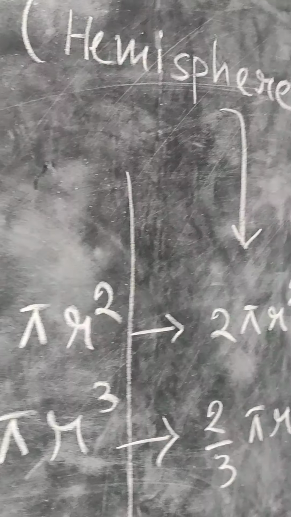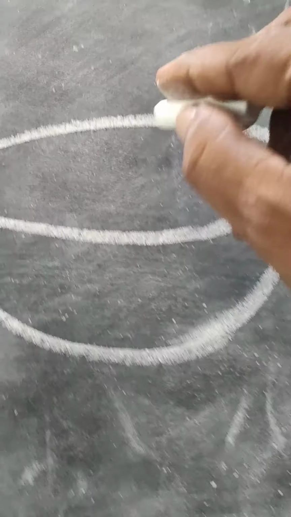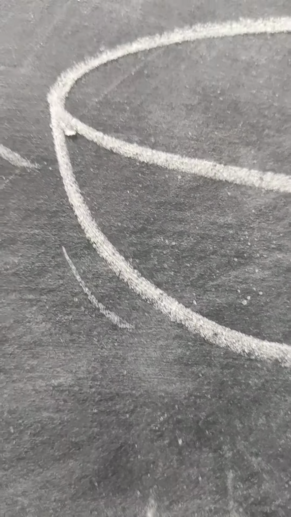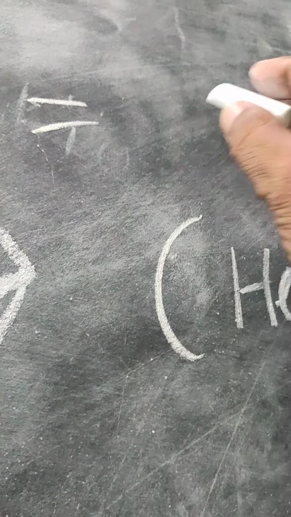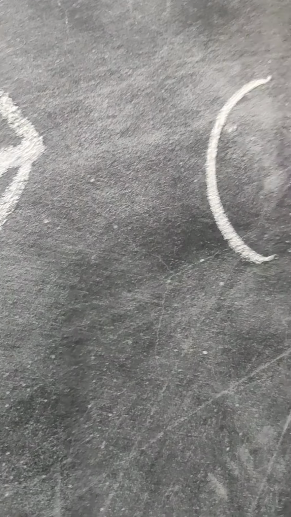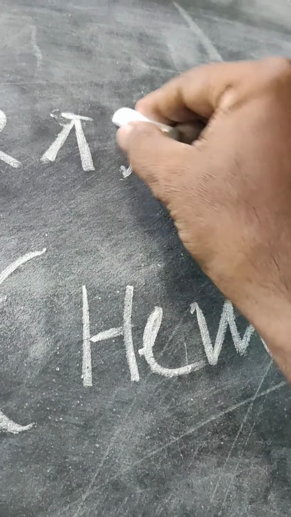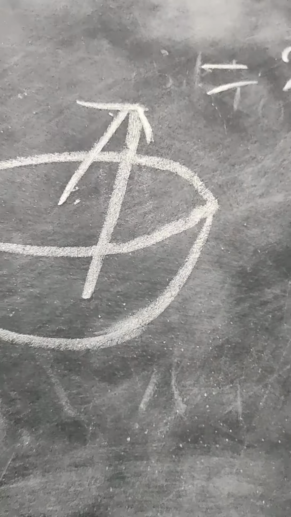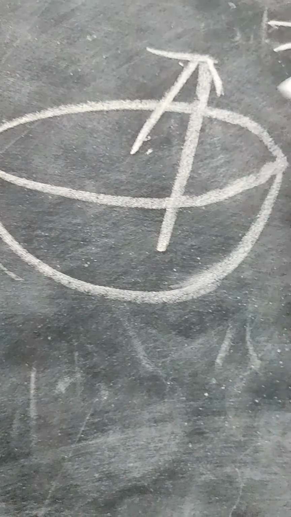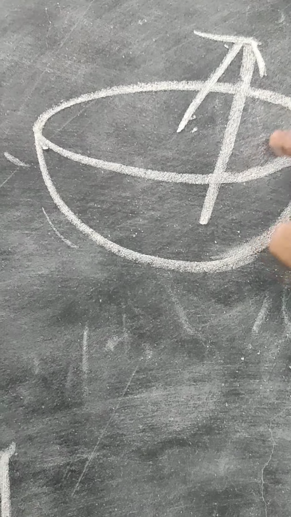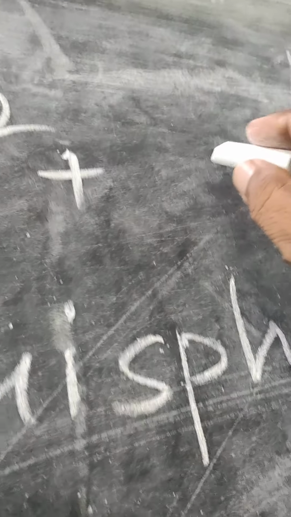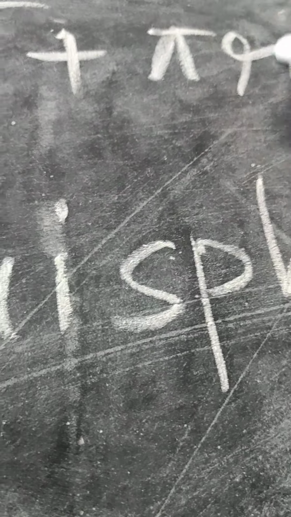And if you want the area of this part and this part, that means the whole surface area of a hemisphere, that will be 2 pi r square plus the upper part is circular. We already learned the area of a circle is pi r square.